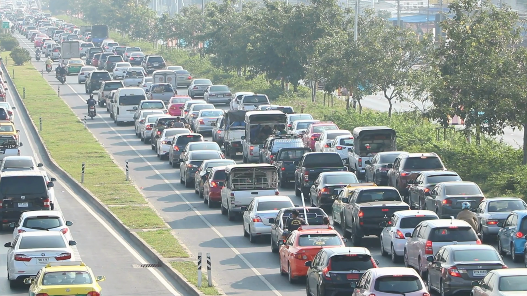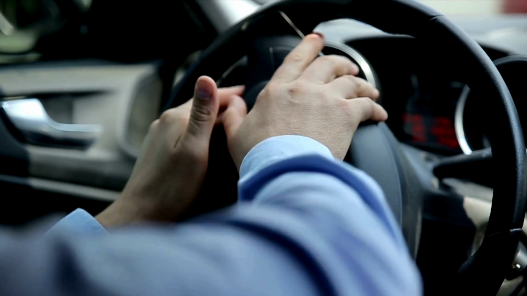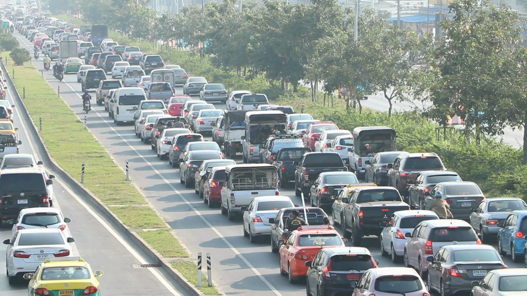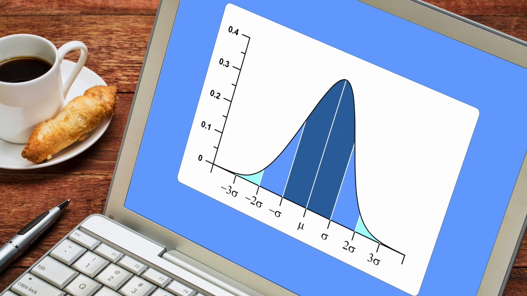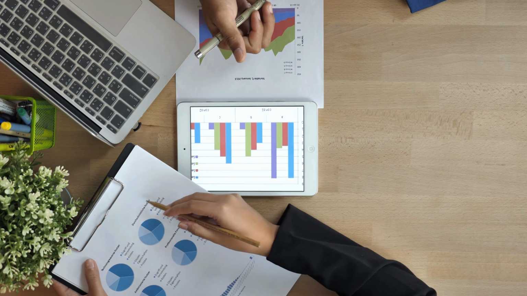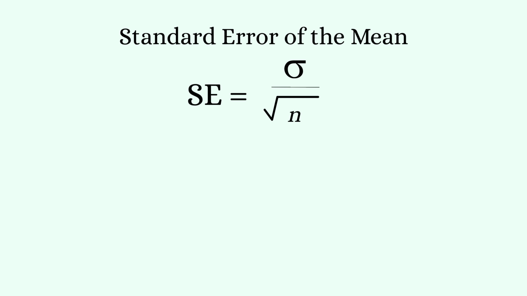Not that many other people don't have a 50-minute commute, but rather the likelihood of someone having a 50-minute commute and also the exact same spread of data that I have is unlikely. If this were a research study and we wanted to make claims about a population based on our sample, we would talk about the standard error of the mean, not the standard deviation.